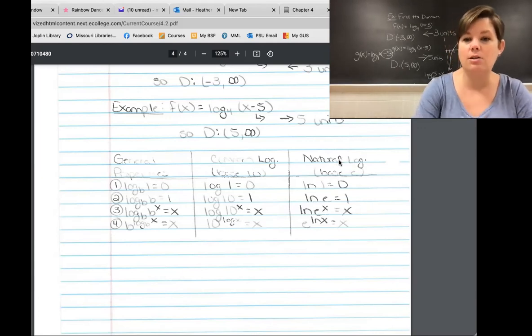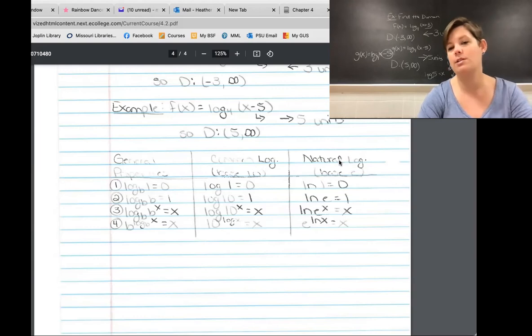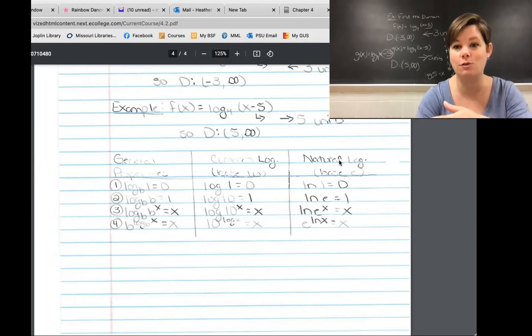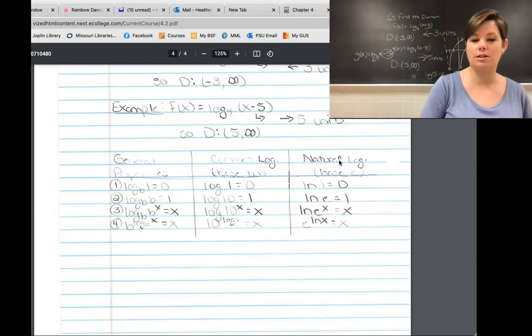Base e is whenever we use what's called ln, which is known as the natural log. It works exactly like logs. We just use a different designation for that so that people know what that is, okay? Because like with log base 10, we don't write that little 10. Well, with ln, we don't write the little e, because it's understood that it's there.